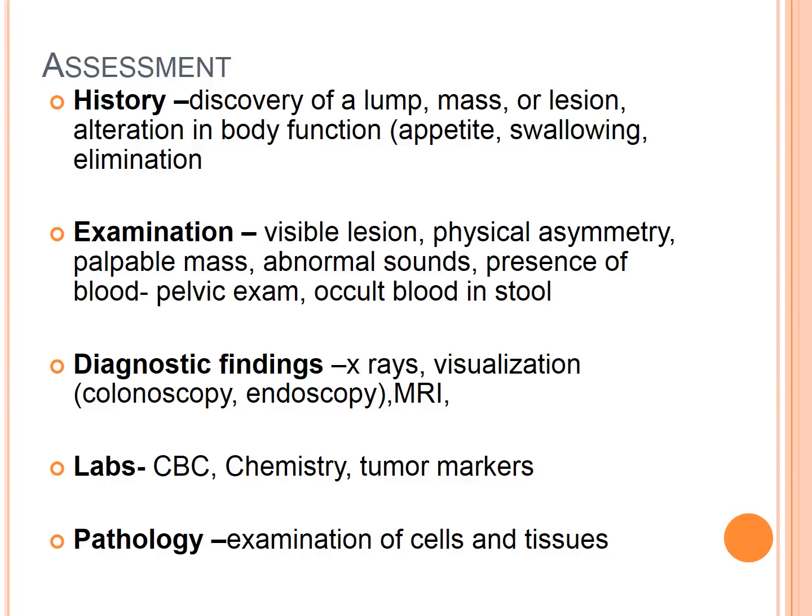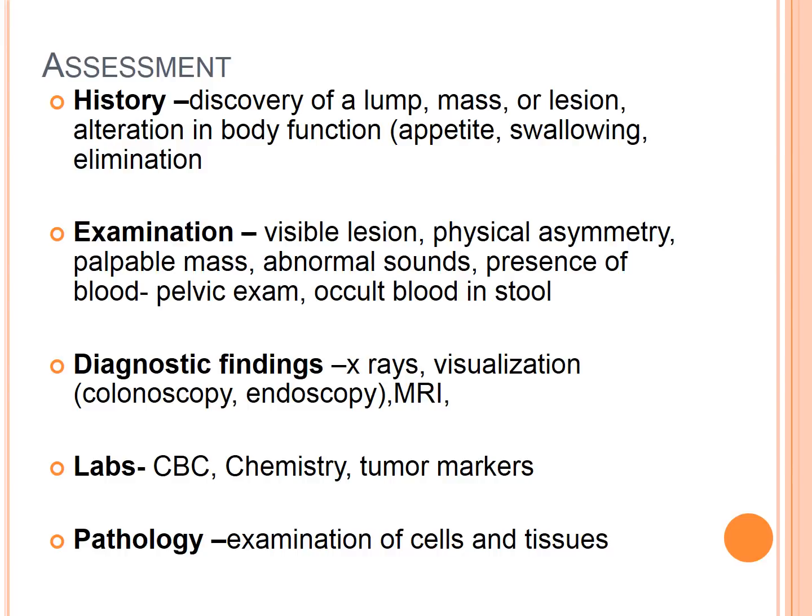Pathology can be done for things like I mentioned, the skin, or your pap smears, or if you send a biopsy of tissue, or if you take a bone marrow aspiration and you look at the cells in the bone marrow. So all of that will tell you what the cells or the tissue appears like. Is it normal? Is it abnormal? Is there abnormal growth occurring? So pathology can tell you a lot about the cells or the tissue that you're examining.